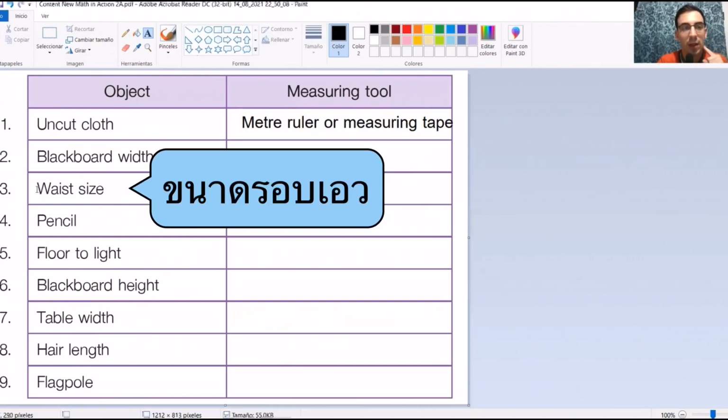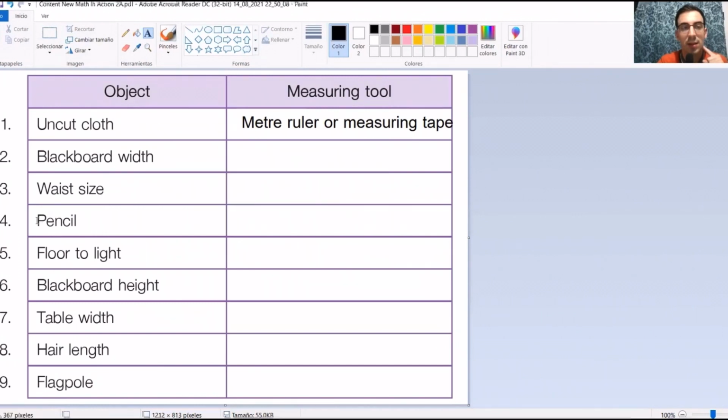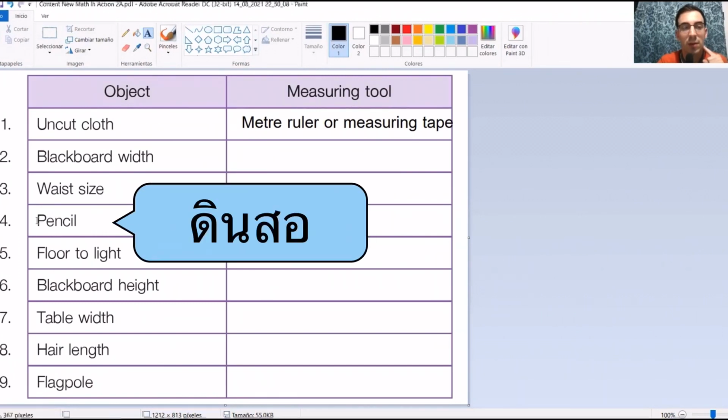Number 3, waist size. Waist size. Number 4, pencil. What tool should you use to measure the length of a pencil?